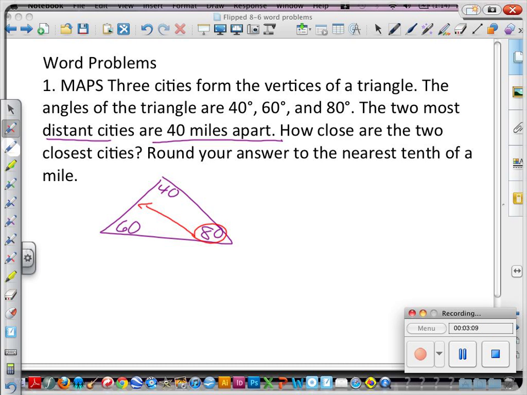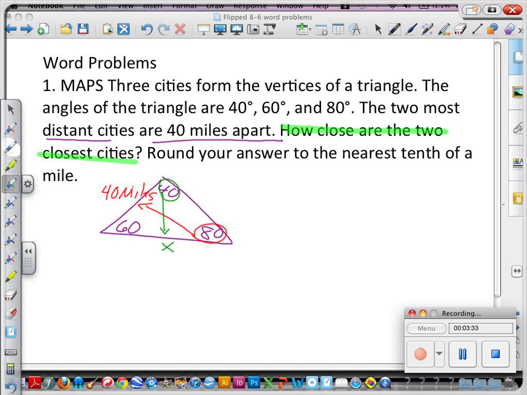So 40 miles is going to go here. I am looking for how close the closest cities are, the smallest distance. So my smallest side is going to be across from my smallest angle. So I'm looking for this angle here.